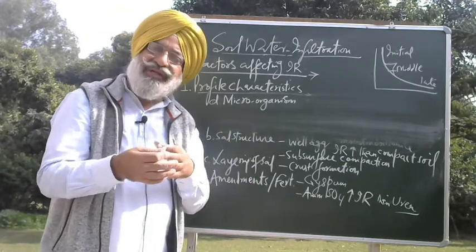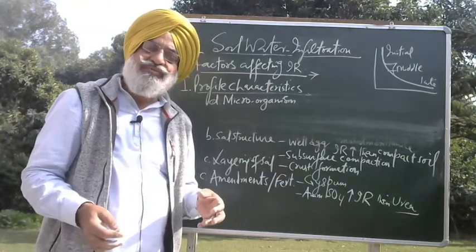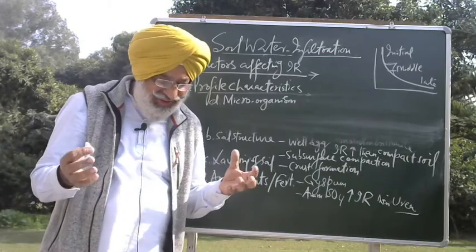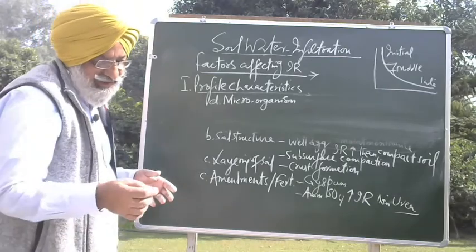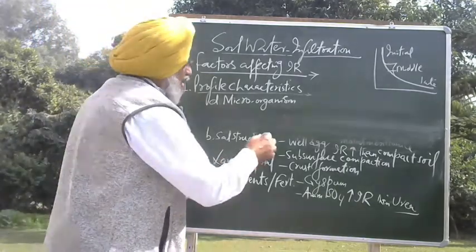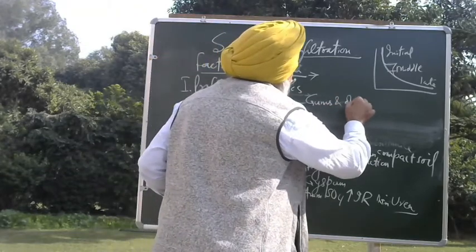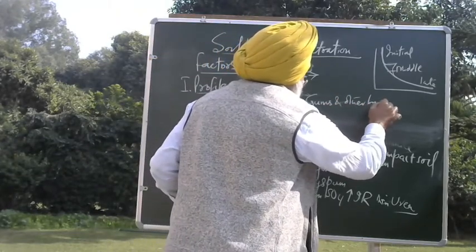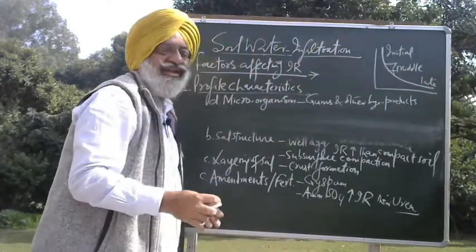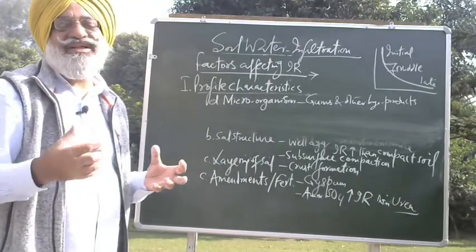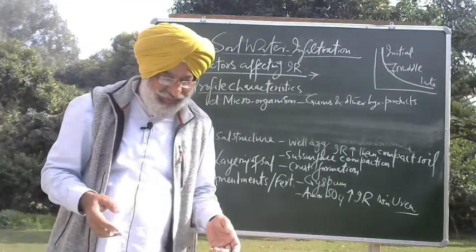When microorganisms carry out this process of decomposition, they produce certain gums, jellies, some gases, and other byproducts. These gums and byproducts act as cementing agents. They make the aggregates stronger. And if the aggregates become stronger, the infiltration rate will be better.